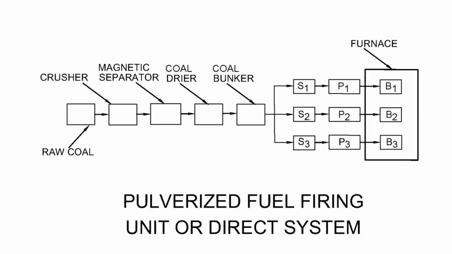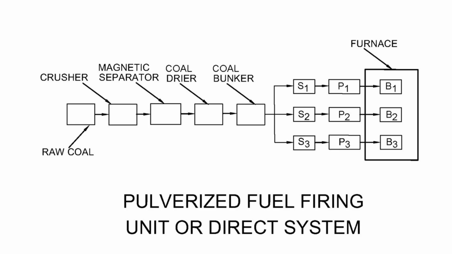Dry coal from the dryer is stored in the bunker. This bunker can store sufficient quantity of coal needed for continuous combustion in the furnace. We are assuming that the furnace has 3 burners, B1, B2 and B3. The number of burners depends upon the plant capacity.